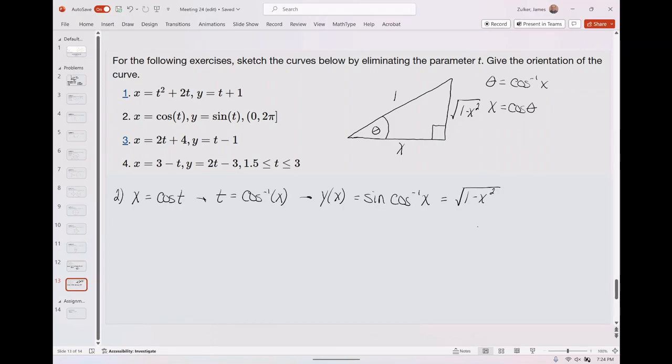What kind of shape is that? So if I were to stop there, what shape is that?